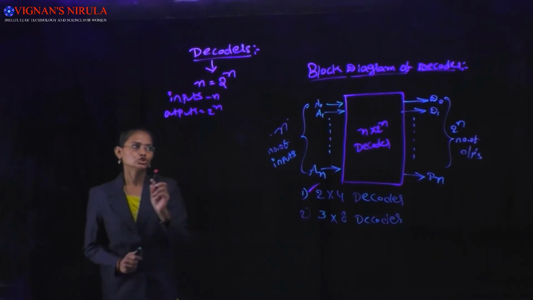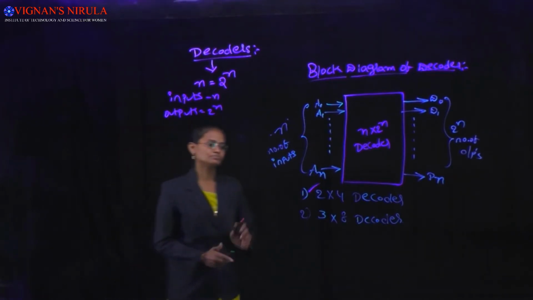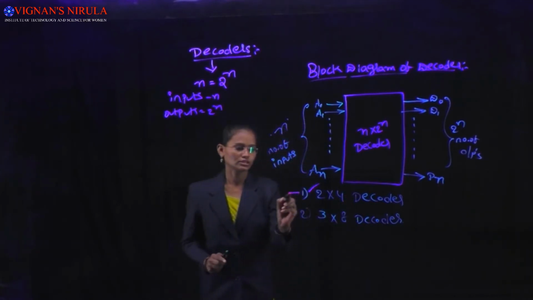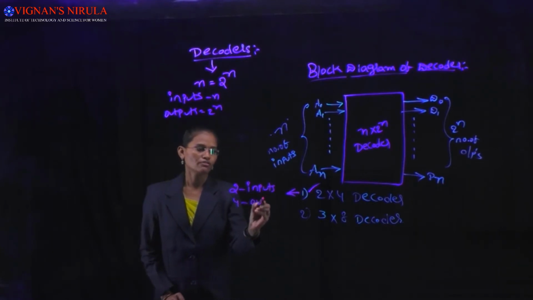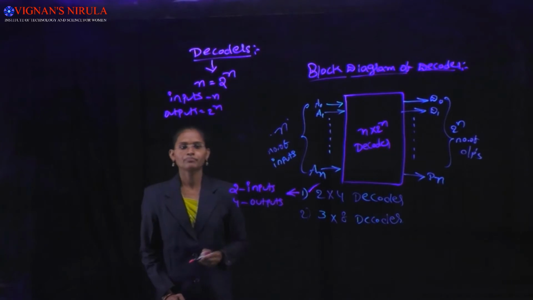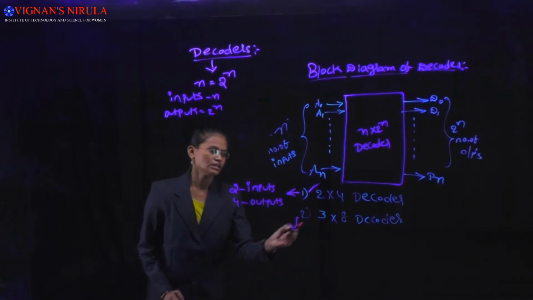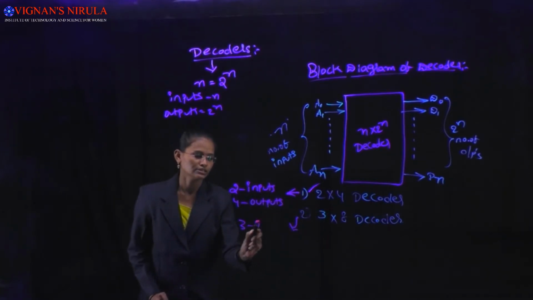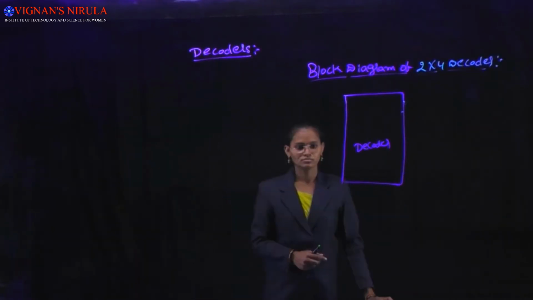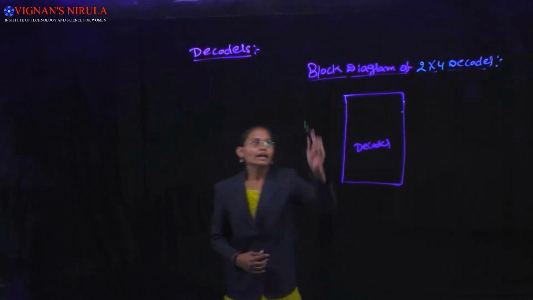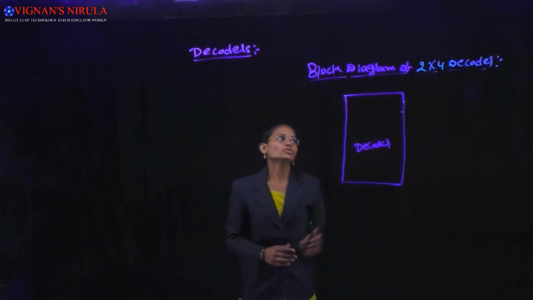In a 2 to 4 decoder, we are using 2 inputs and it produces 4 outputs. And the second one, 3 to 8 decoder, has 3 inputs and 8 outputs. First, we see the block diagram of 2 to 4 decoder.